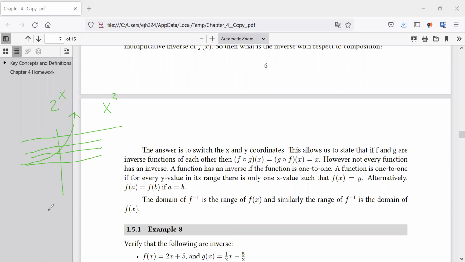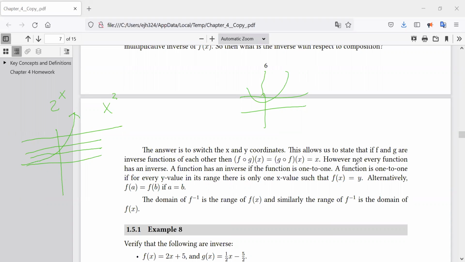The horizontal line test is just saying, if I do this, it passes because it only passes through at most 1 point for every x value, but this one would fail because it would pass through 2 separate points. Does that make sense? Okay, cool.